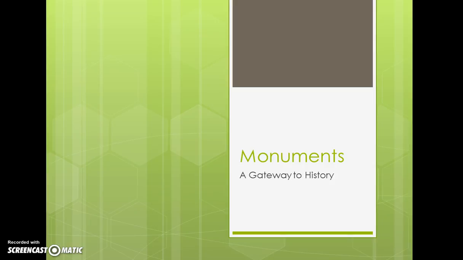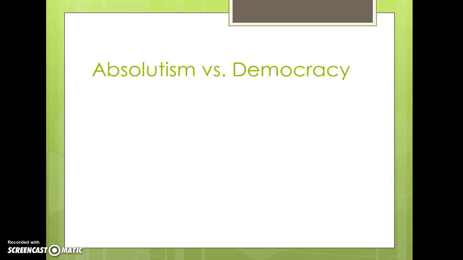You could focus on, say, are they an expression of grief, sorrow, or victory? Was something created by the government or local people or some sort of private initiative? But today we're just going to talk about something really basic, namely, are they expressions of absolutism or democracy?